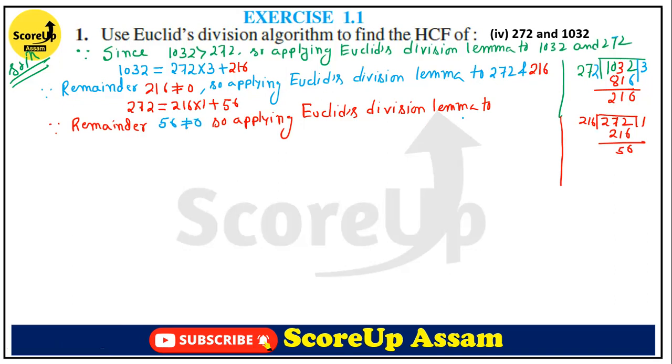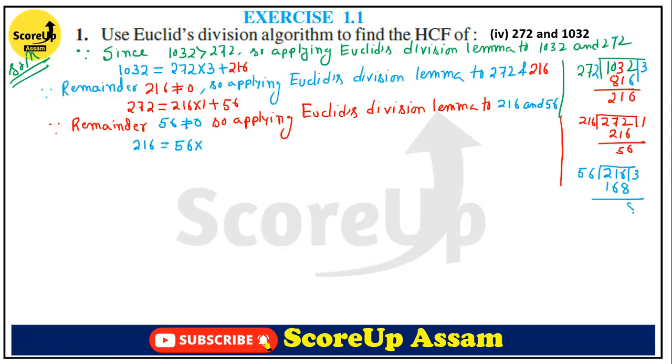So applying division lemma to 216 and 56. Now let's apply: 216 is equal to 56 into what? Let's divide 216 by 56. It will go 3 times. 168.